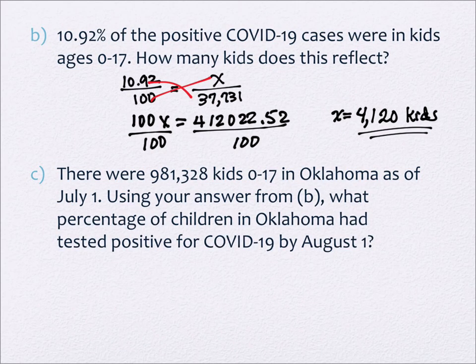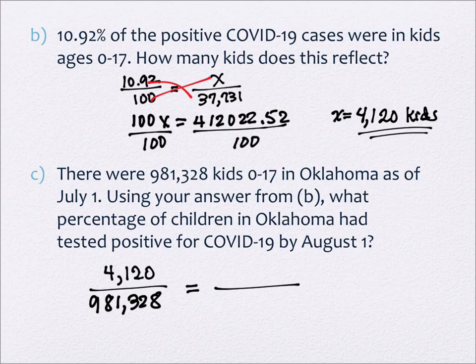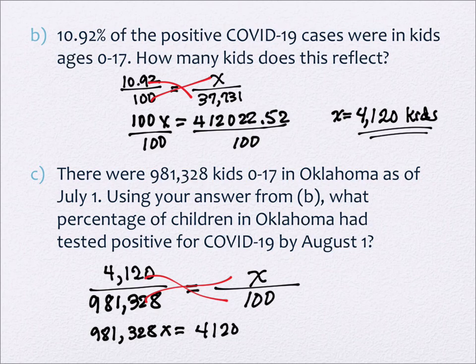So we're going to figure out with kids, was that percentage also 1% or was it something different? So we had 4,120 kids out of the 981,328 kids in the state. And we're figuring out the percentage, x over 100, that represents. So we have 981,328x, and then I have 4120 with a couple more zeros on the end.